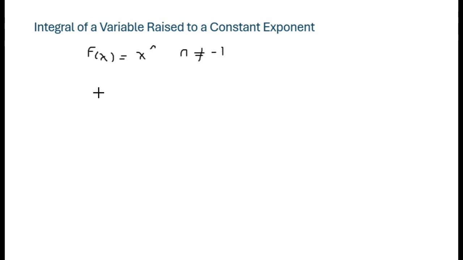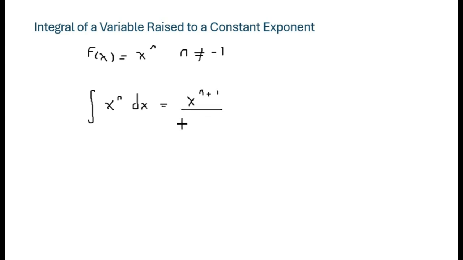And this rule is also simple. We have the integral symbol of x to the nth power, with the variable of integration dx, and the rule goes like this. We're going to have the same variable, but now the exponent is going to be n plus 1.